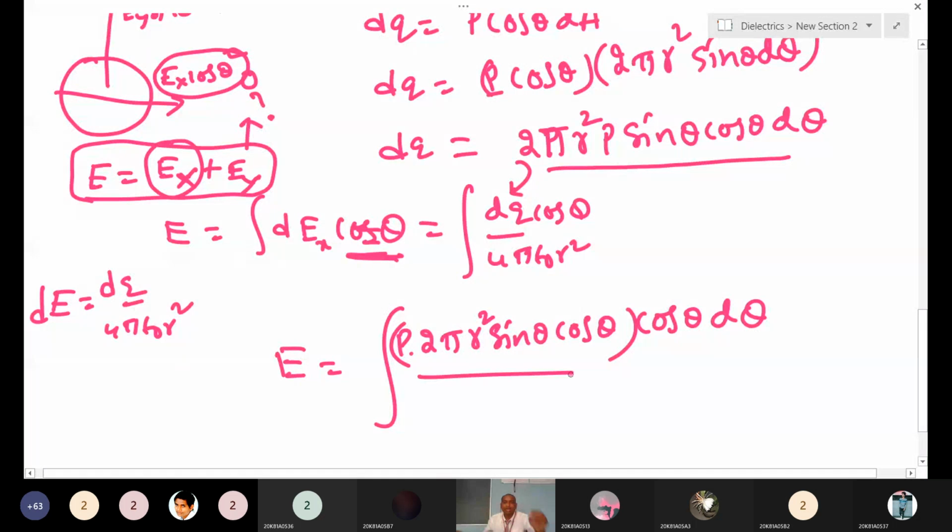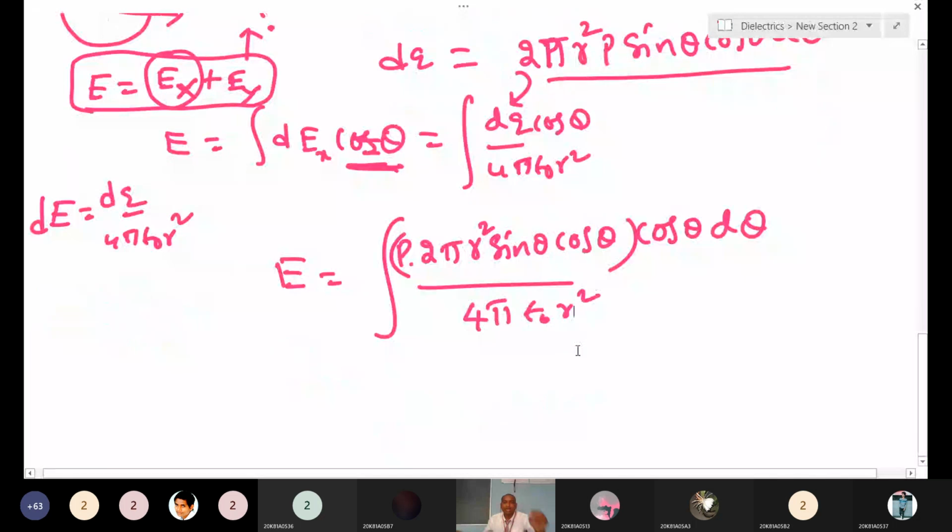Now you will cancel out this r square with the r square, and 2 pi with 2 pi, and here you will get the 2. What is common here? P by 2 epsilon naught comes out, and the integration of sin theta and cos square theta d theta, right?